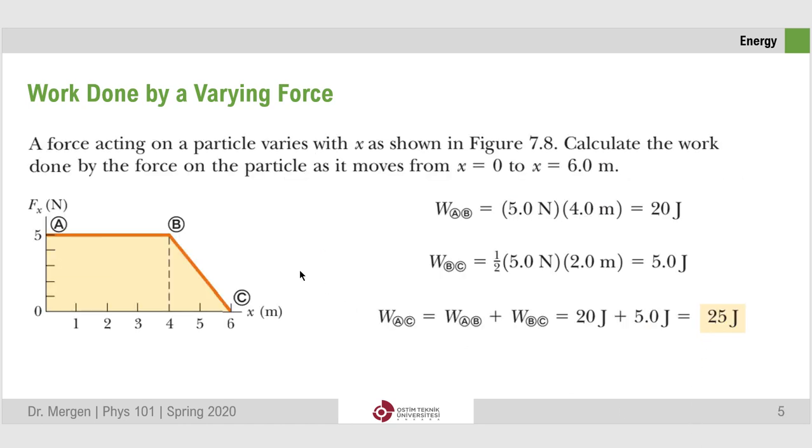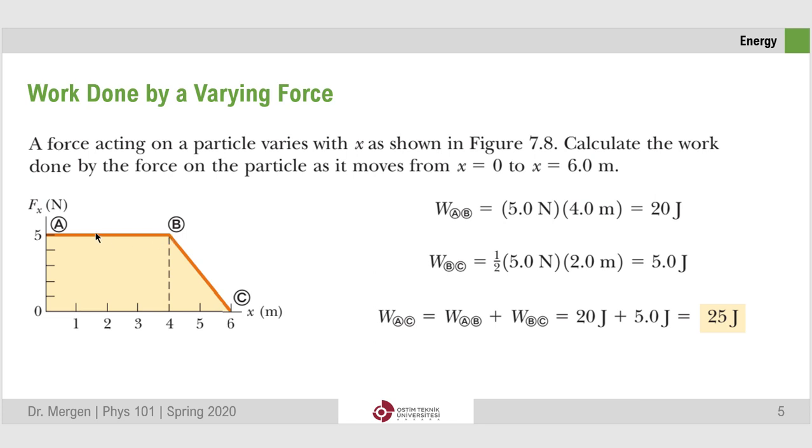Here is another simple example to comprehend the concept further. Here we have a force-distance curve defined as this. A particle or an object is moving from point A to B, then point B to C. During this travel of that particle, the force acting on the particle is changing.